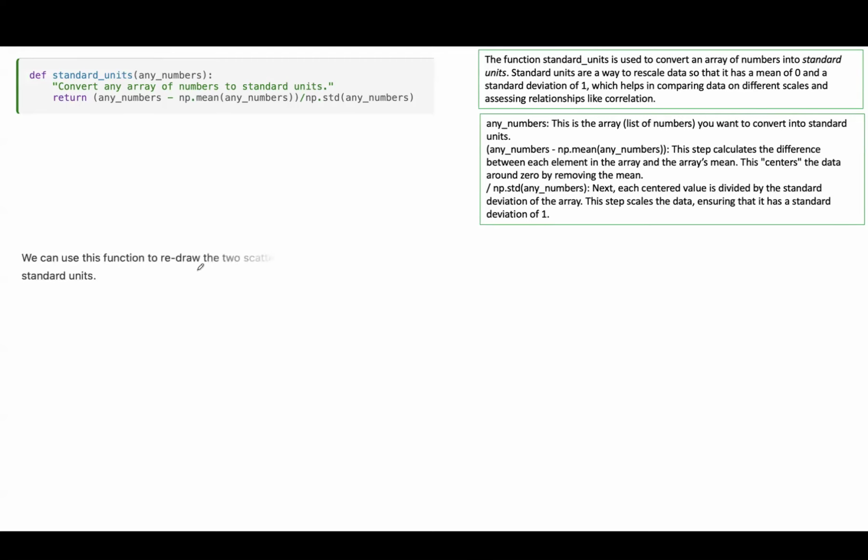We can use this function to redraw the two scatter diagrams for SUVs with all the variables measured in standard units. So now on the horizontal line, you're going to see a different scale.